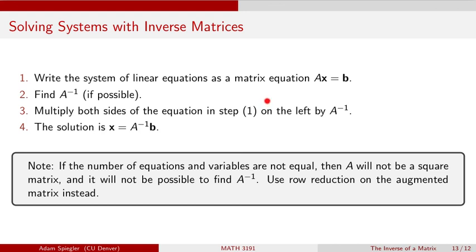If we have more equations than variables, or more variables than equations, then you're going to have to continue using augmented matrices instead. But when we have a square coefficient matrix, this is a nice alternative approach to solving linear systems when the coefficient matrix is invertible.